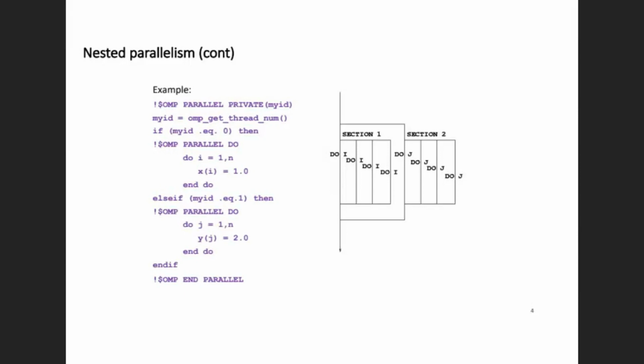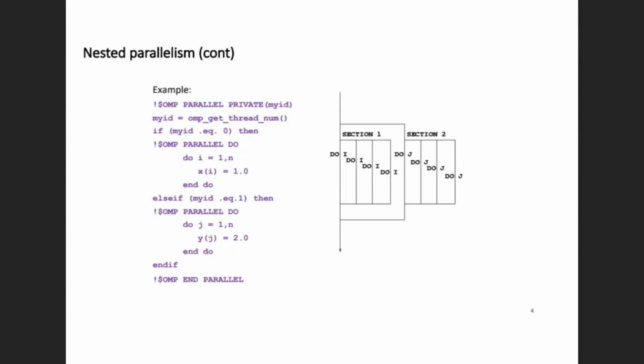The simplest way to write it, you would just do this loop first in parallel with multiple threads, and then this loop in parallel with multiple threads. But in principle, there's no reason why you cannot try to execute both loops in parallel at the same time, as well as using multiple threads in each loop.